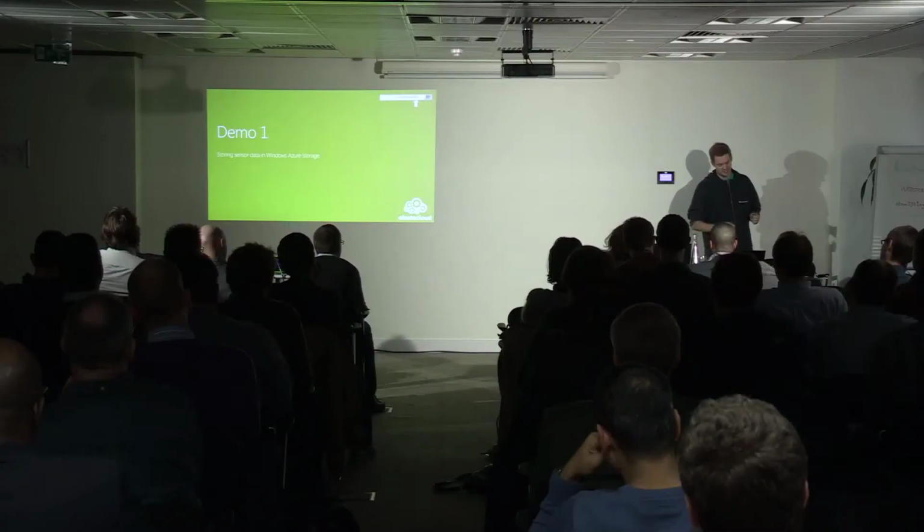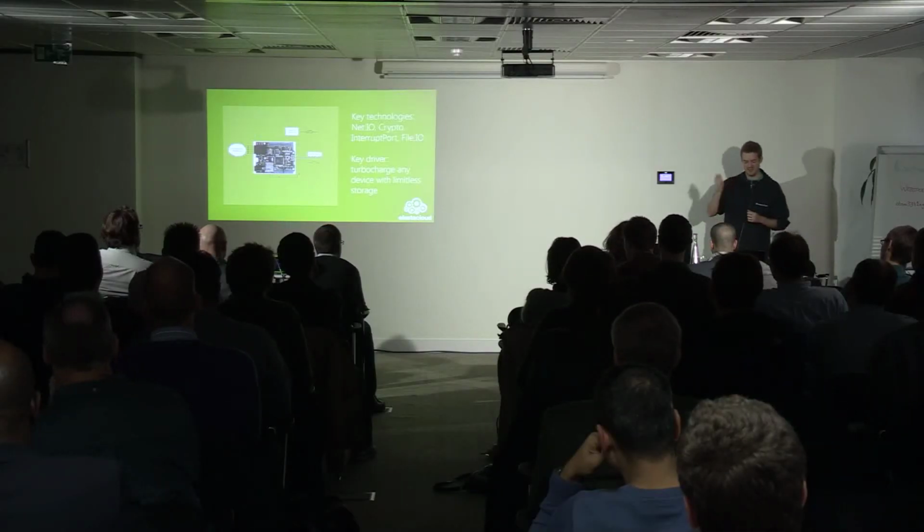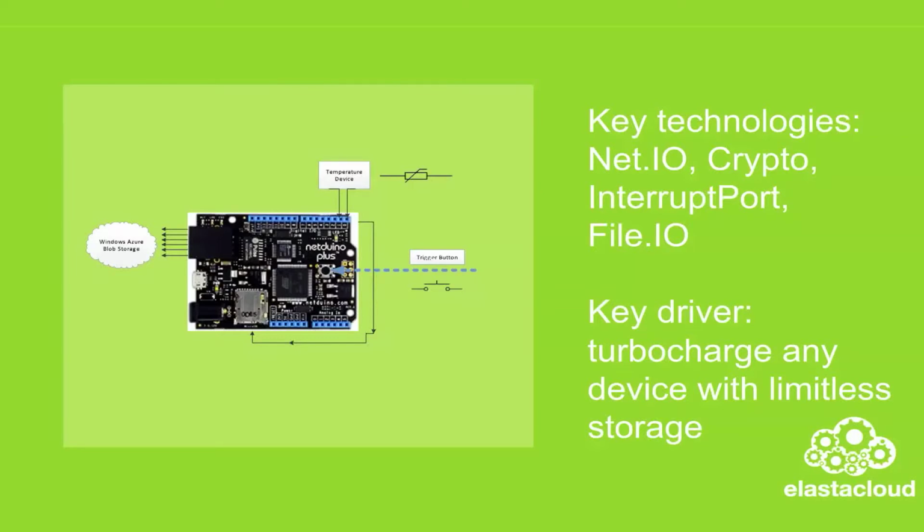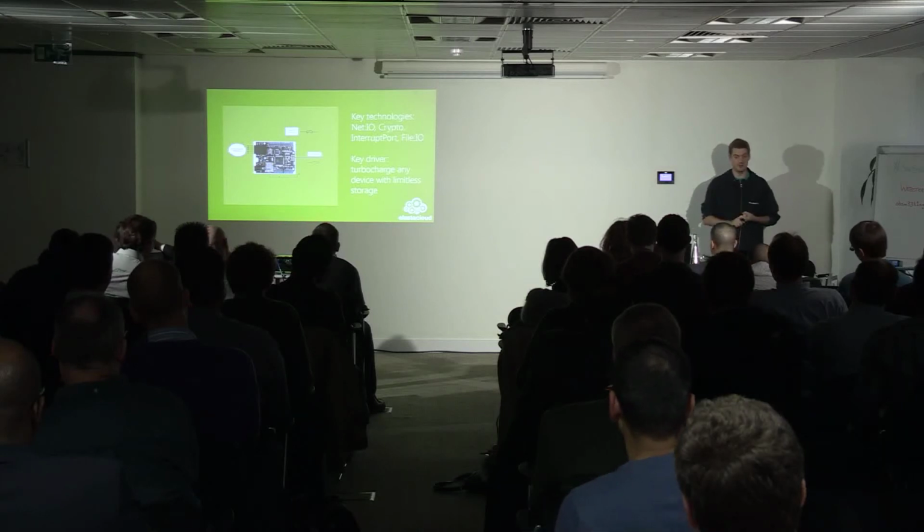And the way we're going to do that is using the Netduino and its network connection to take data from a sensor, batch it, and send it up to Windows Azure table storage and Windows Azure blob storage at the same time. And what it has to do in order to do that is use network input-output.